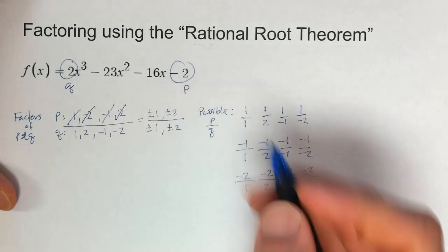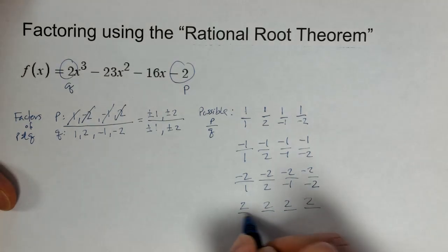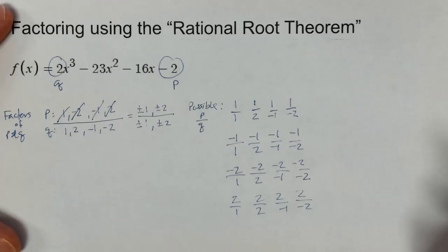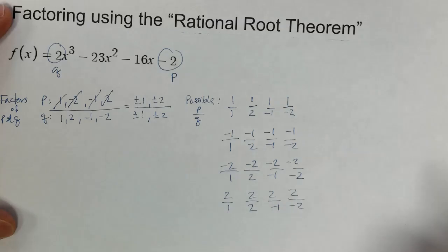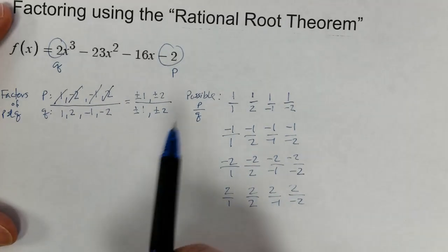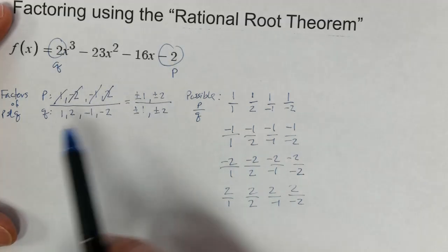And if 2 is my numerator, I can divide it by 1, by 2, by -1, and by -2. Notice how there's 16 possible combinations, right, of P and Q. These are all the possible mix matches that I can create from these two factors. The factors of -2 on top and the factors of 2 on the bottom.